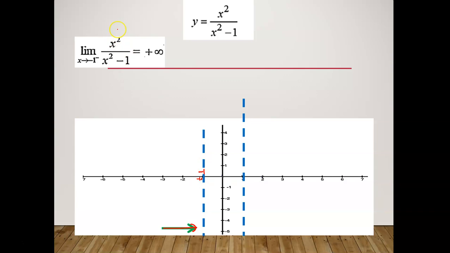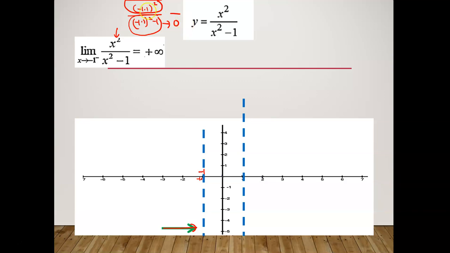Then you substitute negative 1.1 squared over negative 1.1 squared minus 1. The denominator will be a value approaching 0. A big number divided by 0 is approaching infinity. But is that infinity positive or negative?